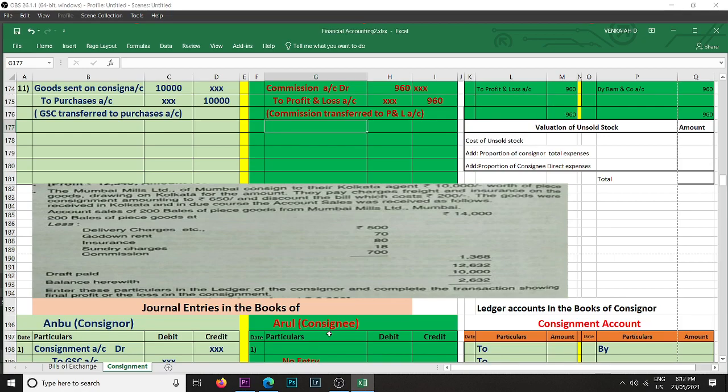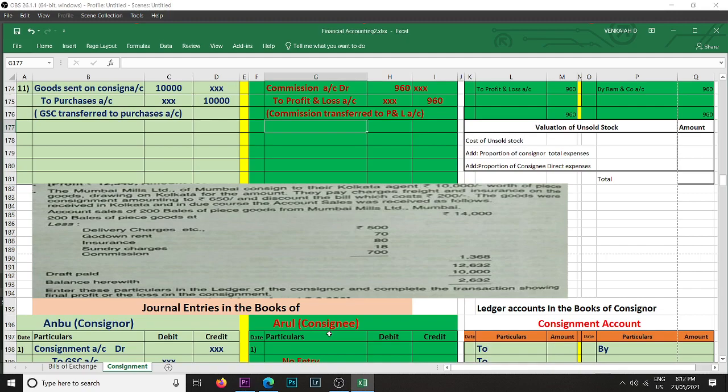Advance bills receivable. Sorry, bills receivable account debit to Kolkata agent account, 10,000.